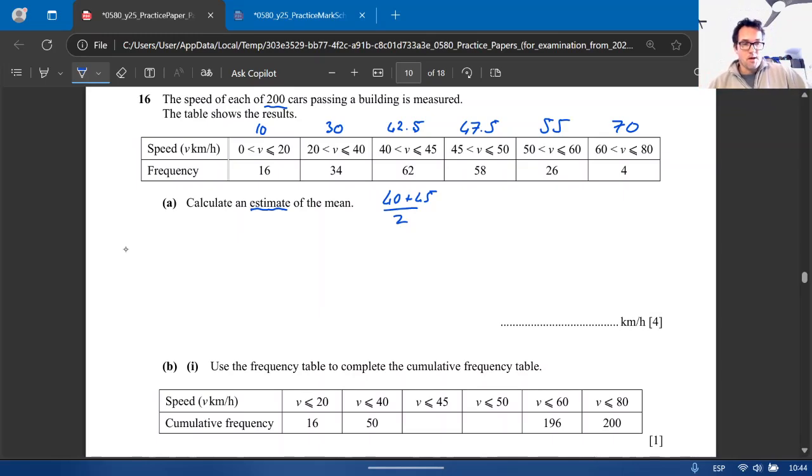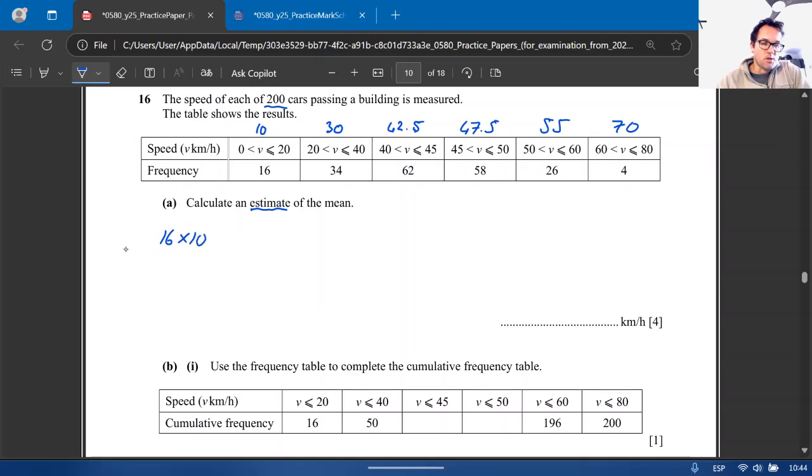Okay, so the next one, remember, calculating the mean, you need to add up all the speeds of all the cars and divide it by how many there are. So this is quite a calculation. Take your time, don't make mistakes. Those first 16 cars, they were driving around 10 kilometers per hour.